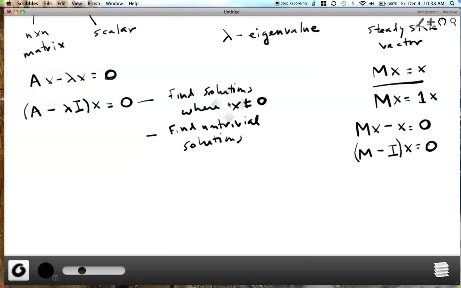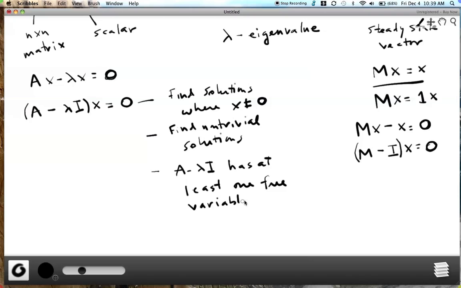What properties must the matrix have for this system to have non-trivial solutions? Well, this happens when A minus lambda I has at least one free variable. Right? We need at least one free variable to generate non-trivial solutions to this system.